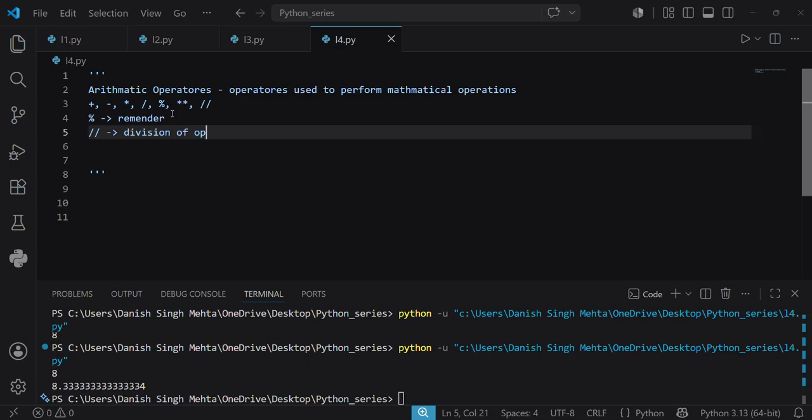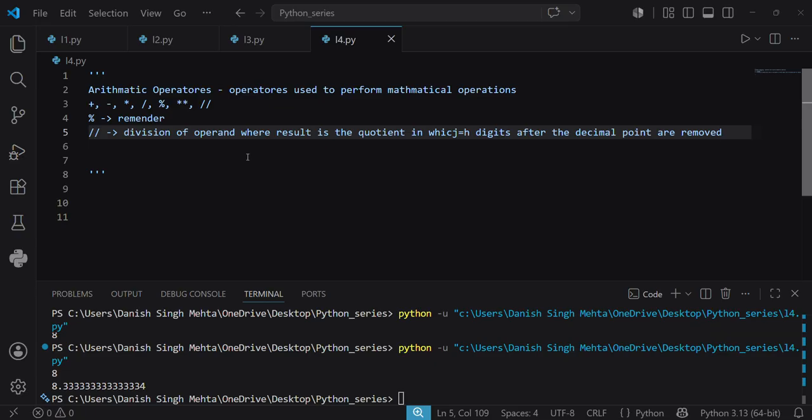Division of the operand where the result is the quotient in which the digits after the decimal point are removed.